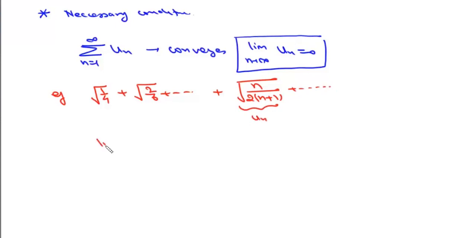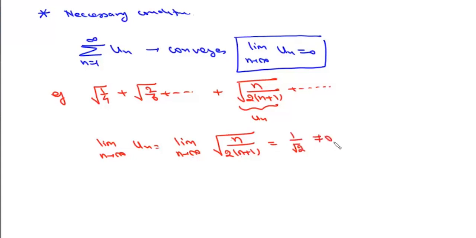If we look at this limit, n tends to infinity of un, it will be the limit n tends to infinity of under root of n upon 2n plus 1. Now this is an infinite limit. Coefficient of n in the numerator is 1 and in the denominator is 2. So the value of this limit will be simply 1 by root 2, which is unequal to 0.